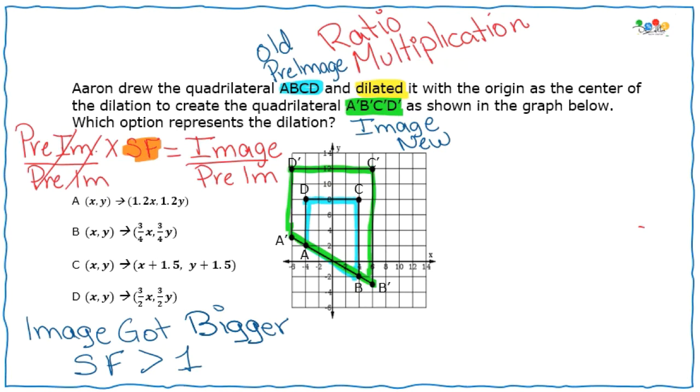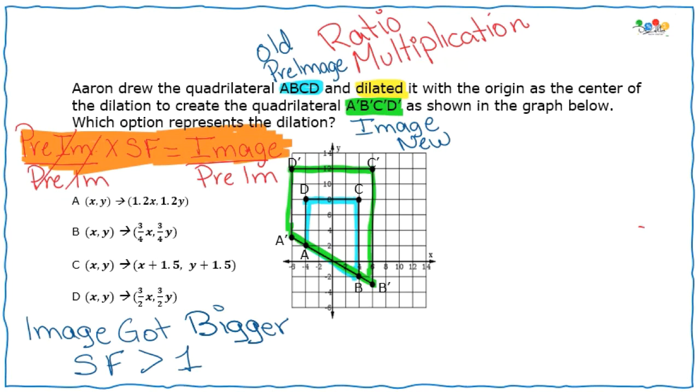But I need for you guys to consider the first as a very important thing in your mind. So what did I start with? I started by saying I need to multiply the pre-image times the scale factor, and that will help me to find the image.